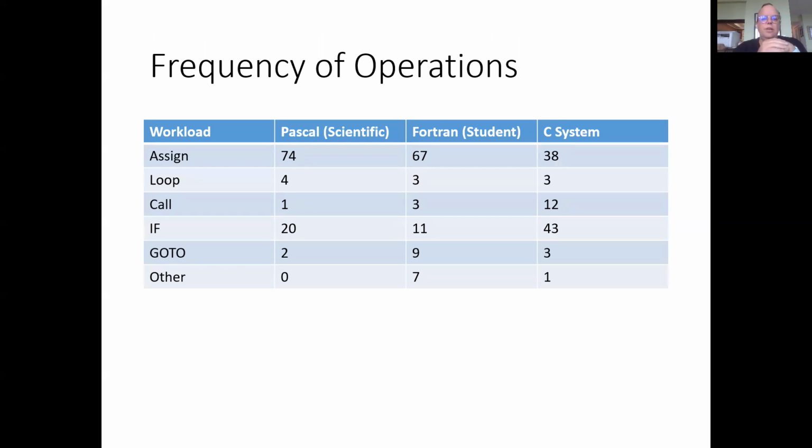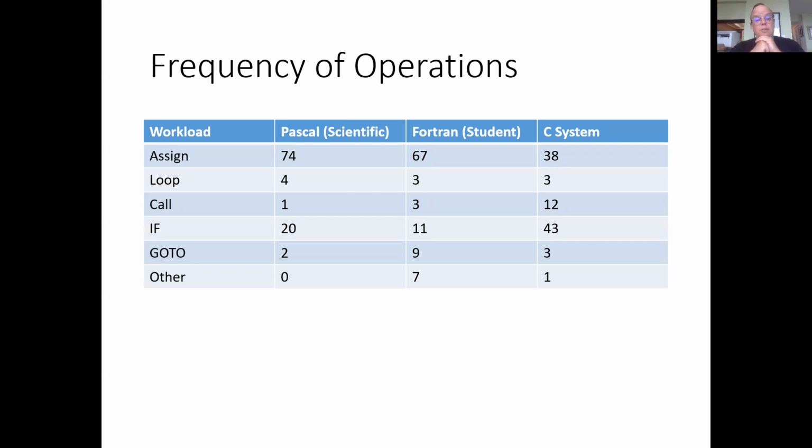They've done some studies on different programming languages. So here's Pascal, a scientific application. Assignment statements take up 74%. And again, the assignment statement is fundamental to imperative programming. Loops, 4%. Call, which is like a function. If statements, 20%, and 2% go-tos.